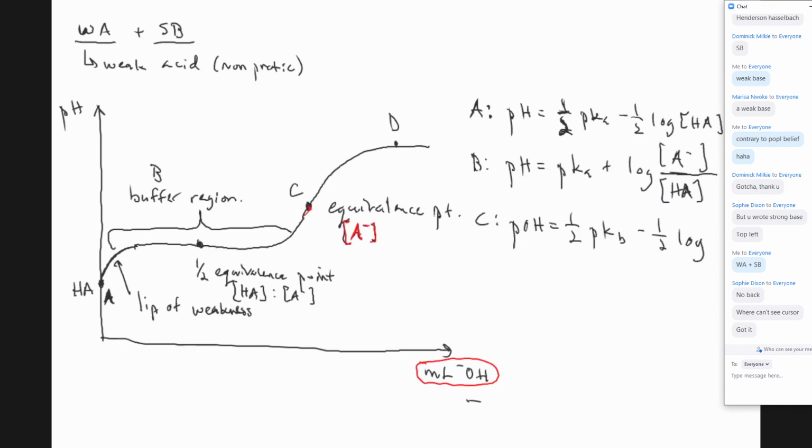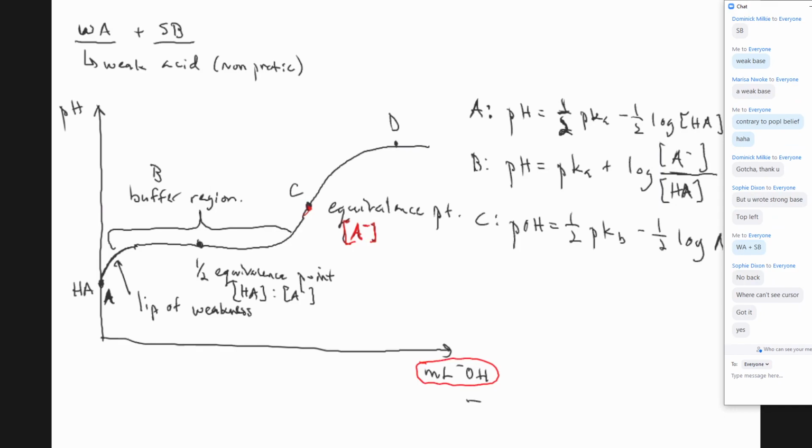So this is a weak base or conjugate base that's around, because OH has been neutralized by all the H's at C. Does that make sense? So that's why we're still having our conjugate base, not our OH. So be careful.